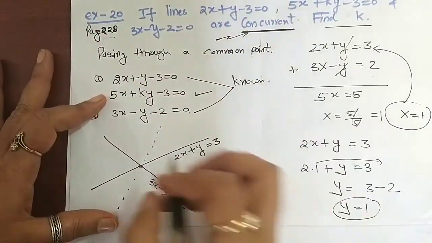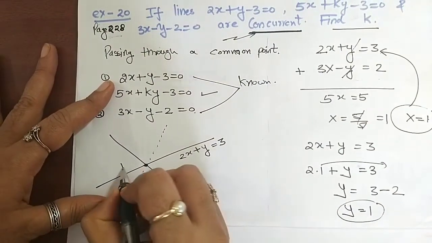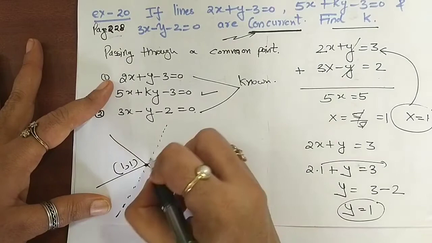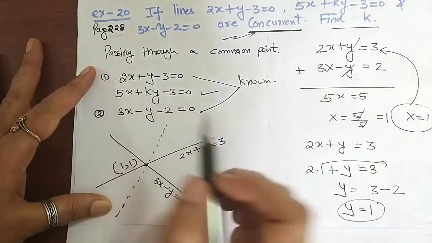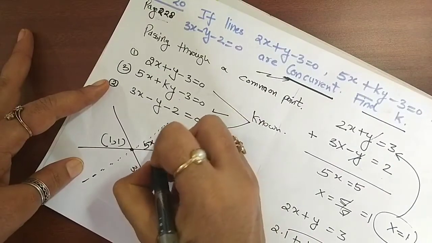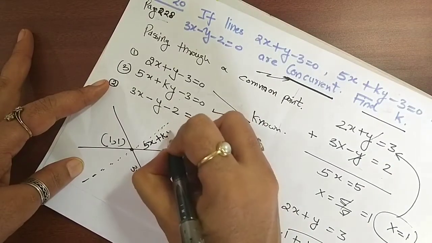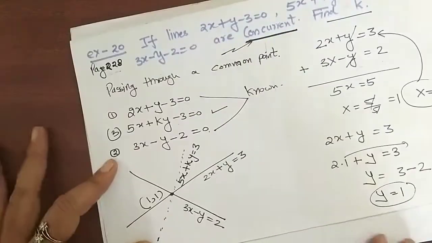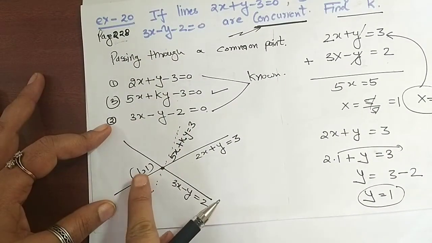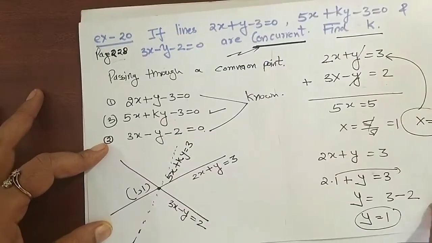So this is nothing but the point of intersection, 1, 1. If my third line, so let me write the equation, 5x plus ky is equal to 3, is also passing through this point, so 1, 1 should satisfy this equation.